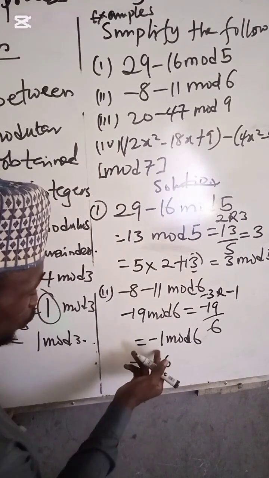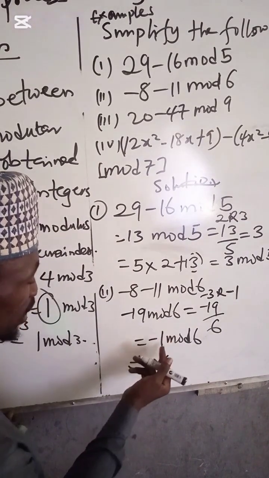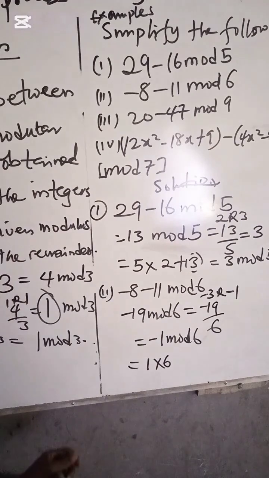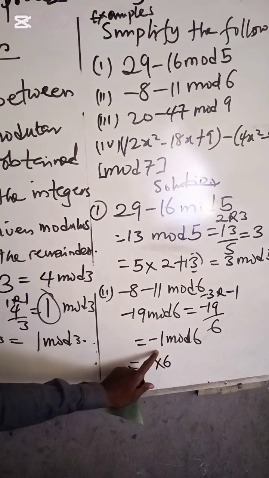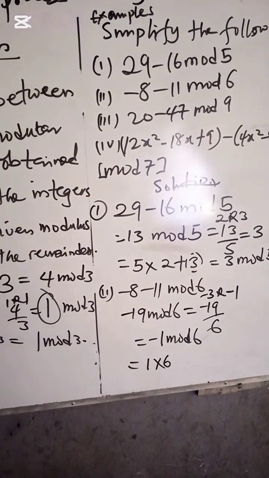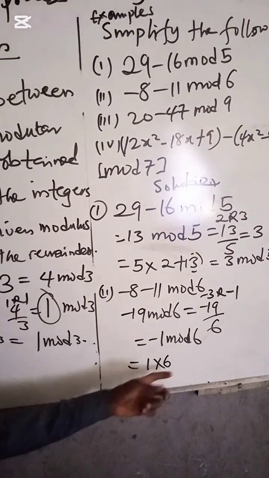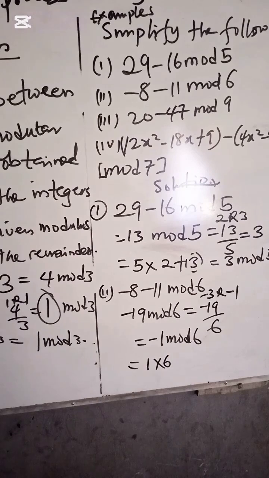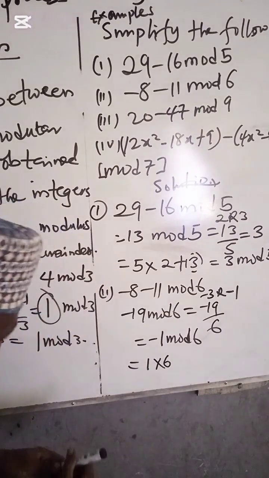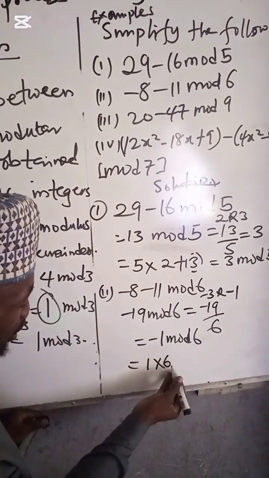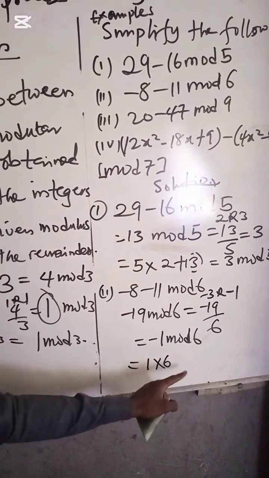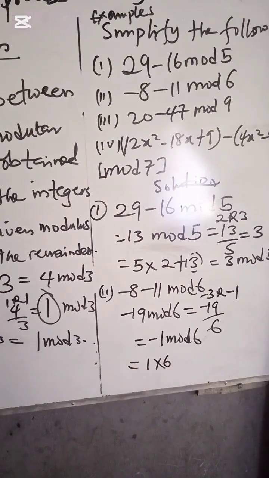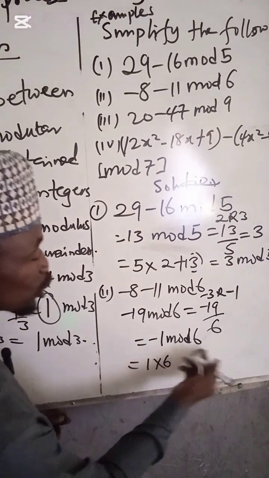Now, what do we do to take care of this minus 1? That is where the question is. 1 times 6 is already 6. What do you do to get this value out? Are you going to say minus 1? What do we do?